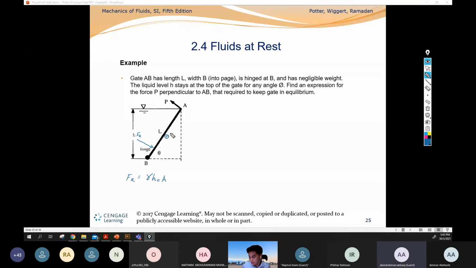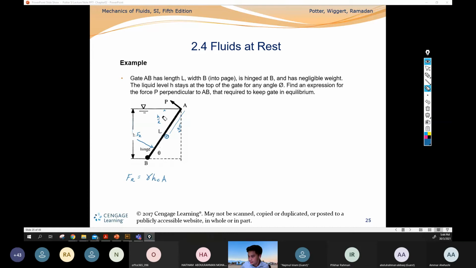What's the distance to the centroid? L divided by 2. So when this is L divided by 2, this h from here is H divided by 2. Can you see this is the total height? For this case, the centroid is H divided by 2.